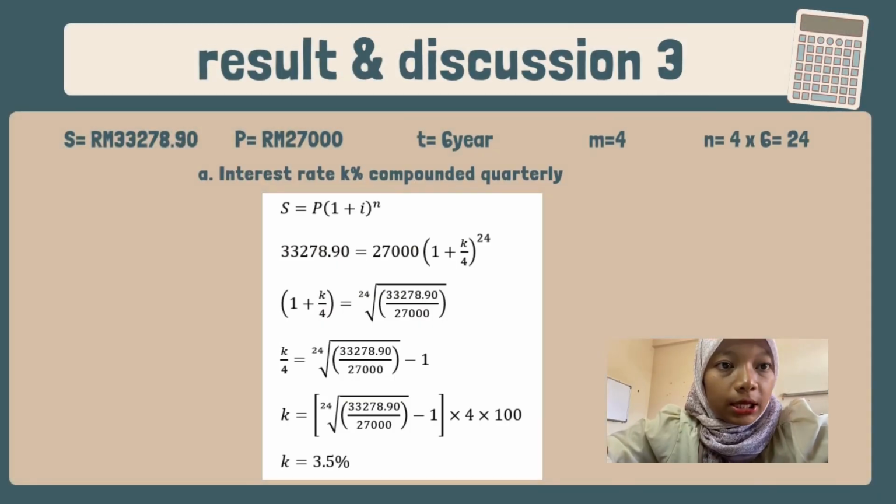Next, for the result and discussion, we have S = 33,278 ringgit 90 cents, P = 27,000, t = 6, m = 4 compounded quarterly, n = 4 × 6 = 24.